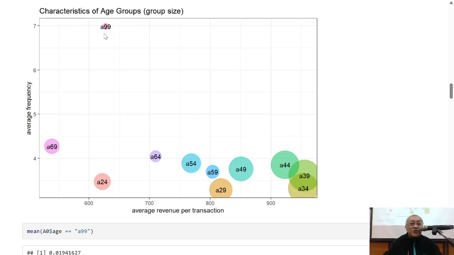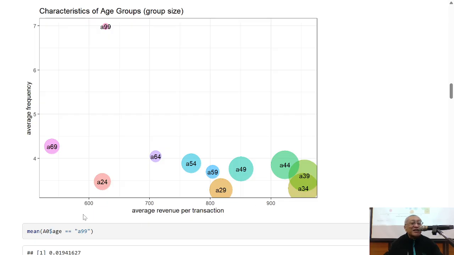In this chart, every age group is represented by a point, by a bubble, right? And the bubble size actually reflects the group size. Okay, so we have more people in A44, A39, A34, so the bubble is bigger, right?